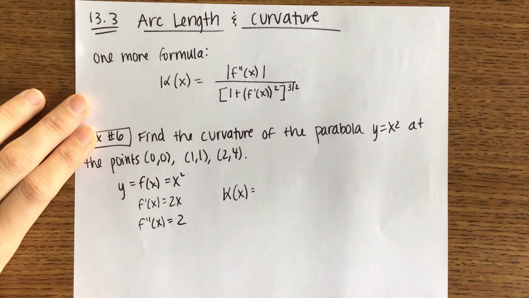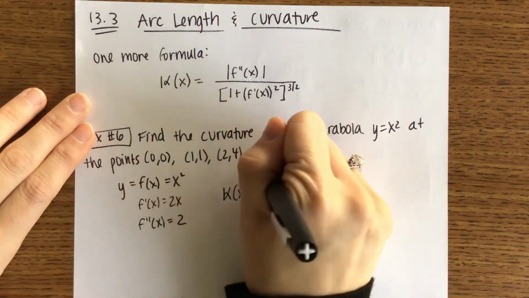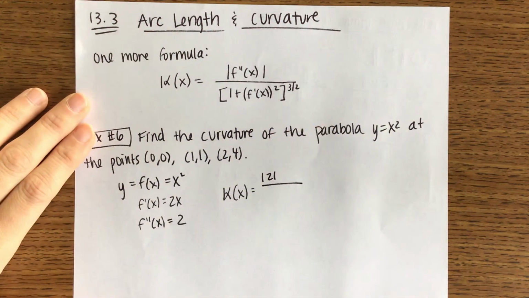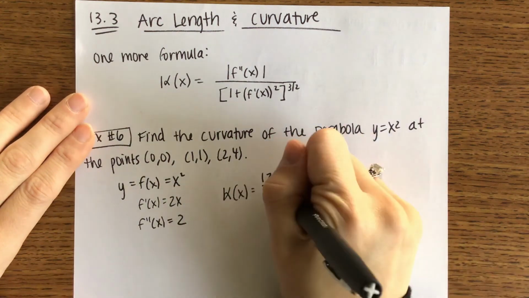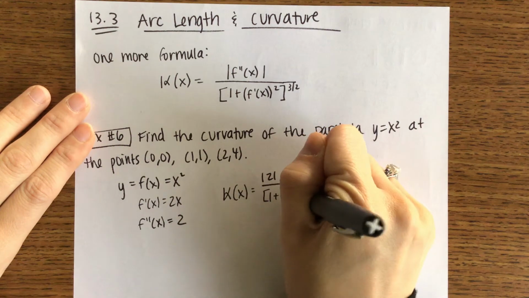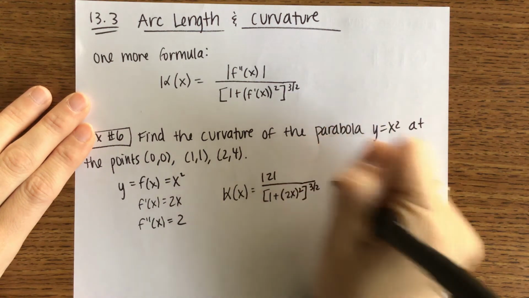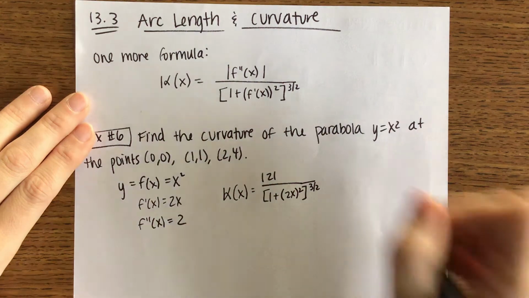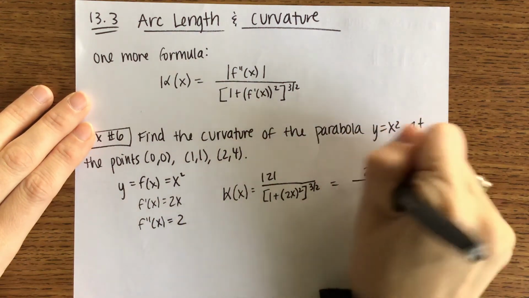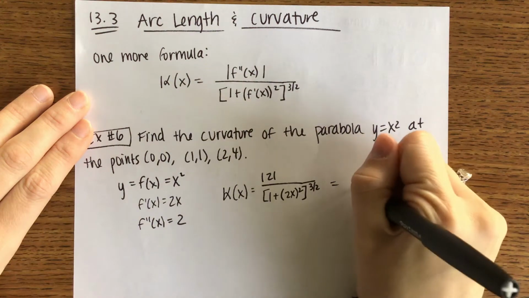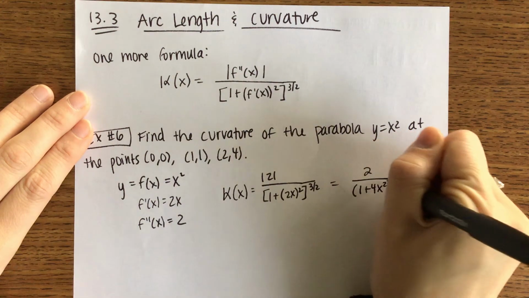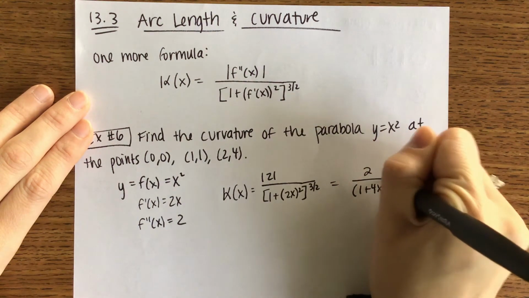Curvature then is the absolute value of the second derivative, which in this case is 2, divided by 1 add the first derivative squared, all to the power 3 over 2. Simplifying that, we get 2 in the numerator, and in the denominator, 1 plus 4x squared, all to the power 3 over 2.